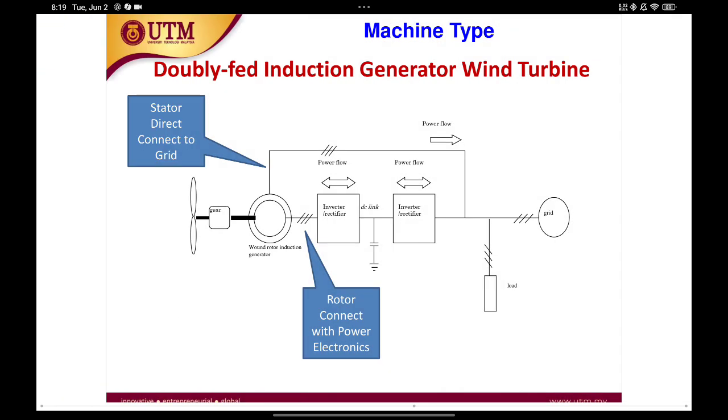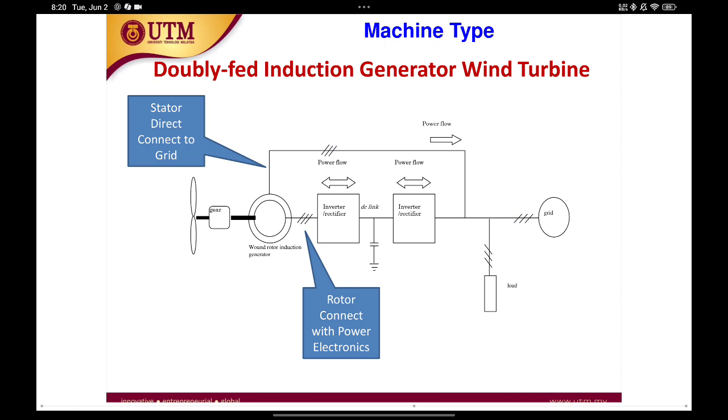Okay, so this is the more advanced one, which is called the double fed induction generator wind turbine. Why is it called double fed? You can see here there is a 2 time fed. The first one is at the rotor.